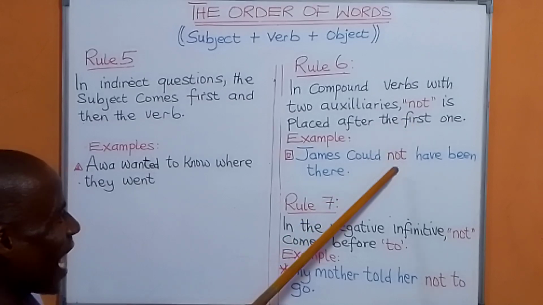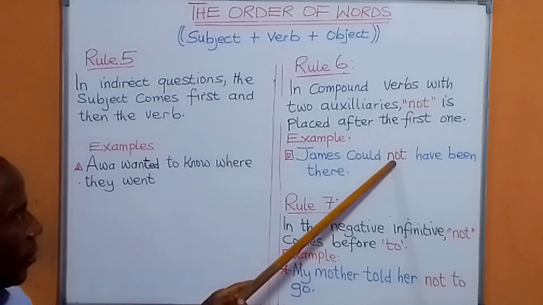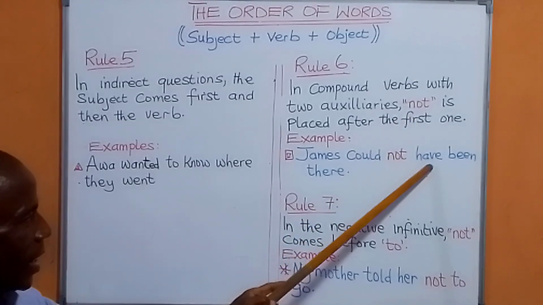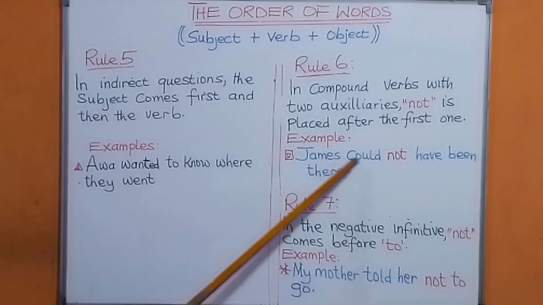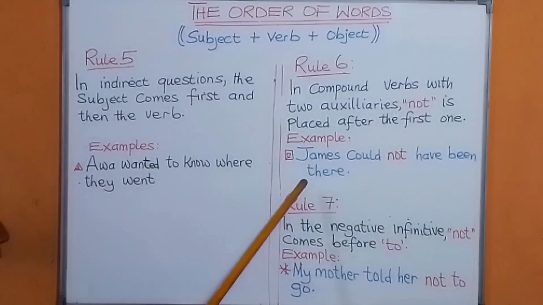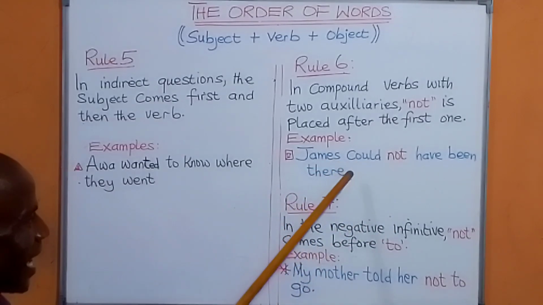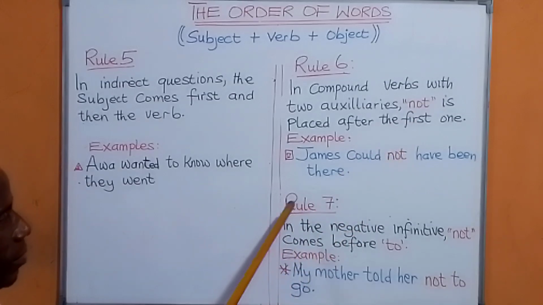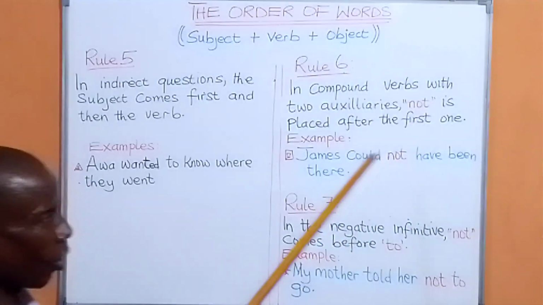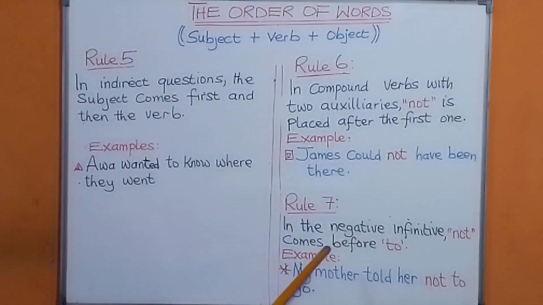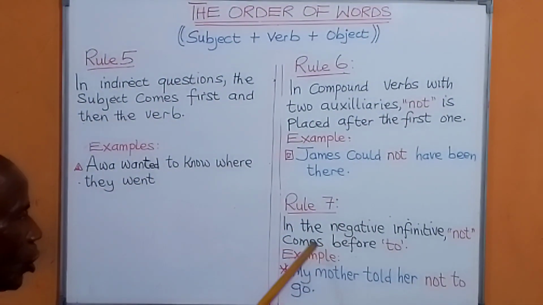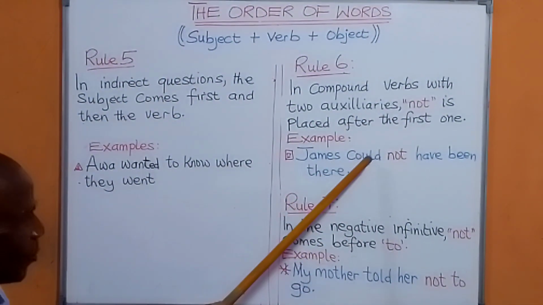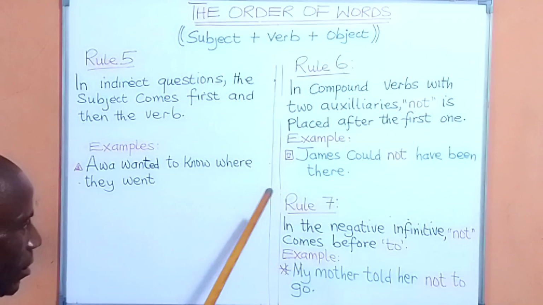So you put not after the first verb and then you place the second. I cannot. You put the next verb. He shall not have done it. He shall not. Then you continue. So James could not have been there.